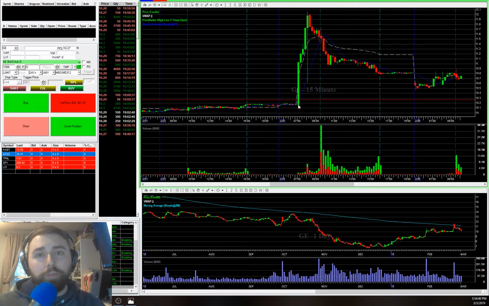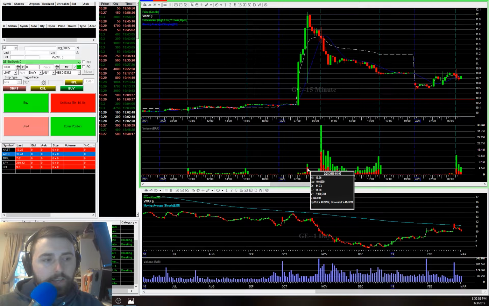And this is why I don't play pre-market and after hours, because you can have super low volume on a 50 billion share float, and it can move like this because the liquidity is not there. The volume is not there. Obviously you can see the volume here. This is actually the first candle of the day, but the highest volume bar was 7.9 million in the pre-market. And look at all these other ones. You got 1.3 million. And this is a lot of volume, but not for such a big float.